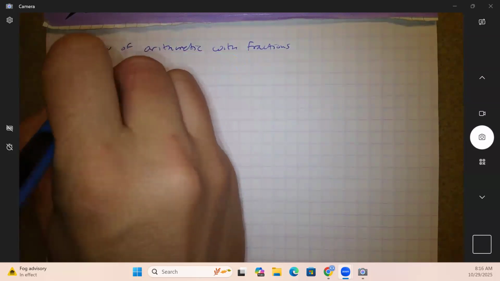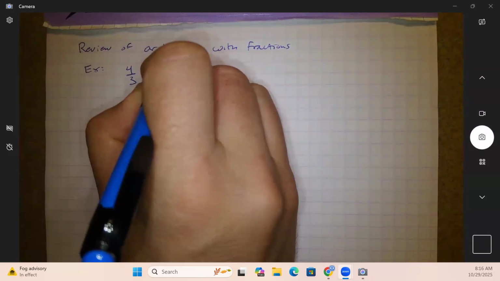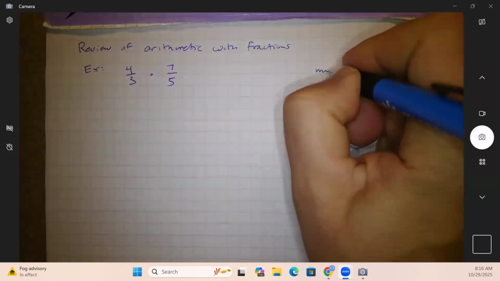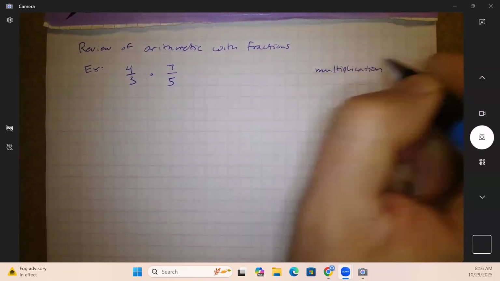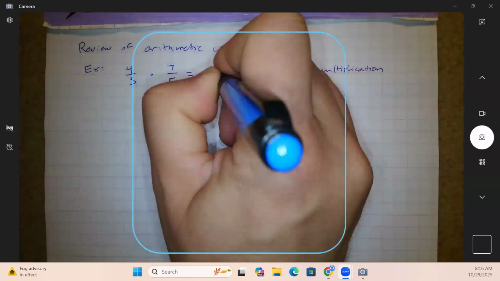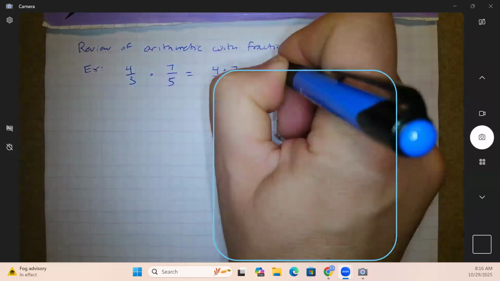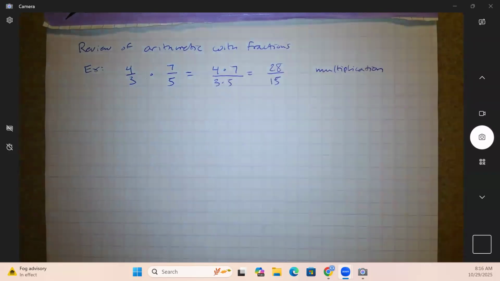Let's take as an example 4/3 times 7/5. So multiplication, that tends to be the easiest because you just multiply the numerators, you multiply the denominators, and you build your new fraction.